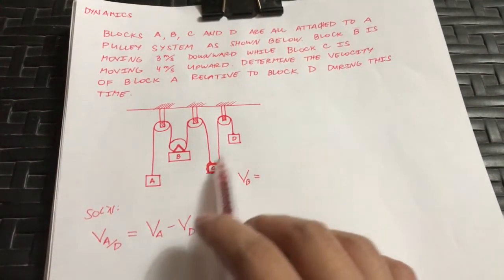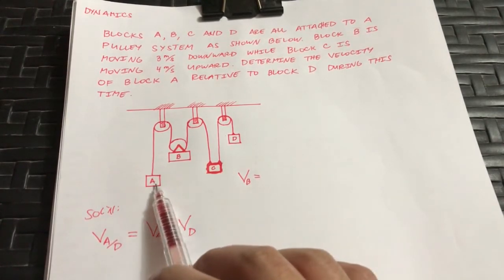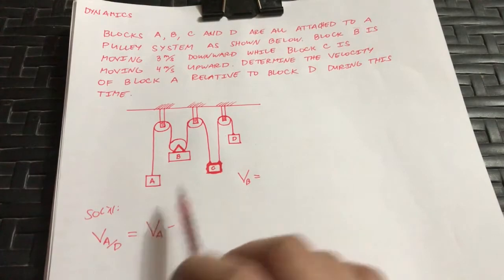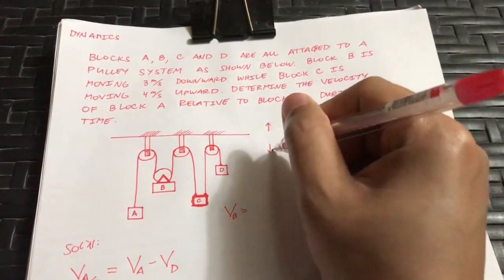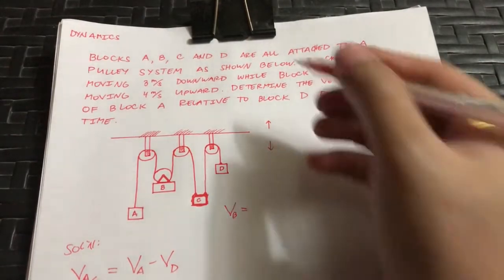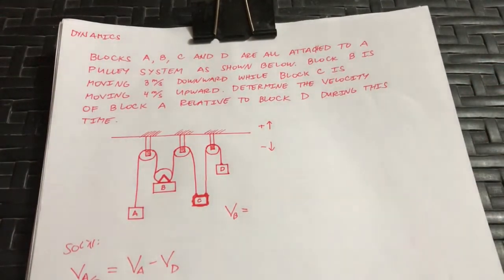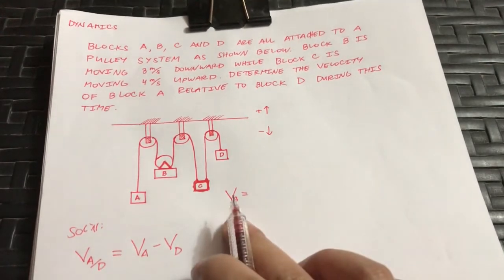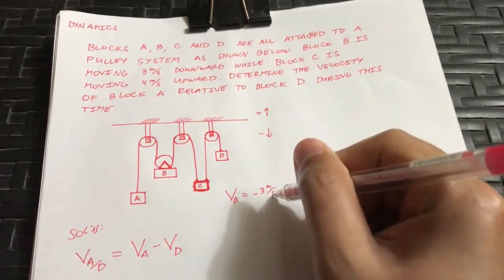Now, since all of our blocks, A, B, C, and D, only have two types of movement, going up or going down, it will be best to assume a positive and negative direction. So I will assume going up is positive while negative is the downward movement. The velocity of block B is 3 meters per second going downward, so I'll have it negative 3 meters per second.